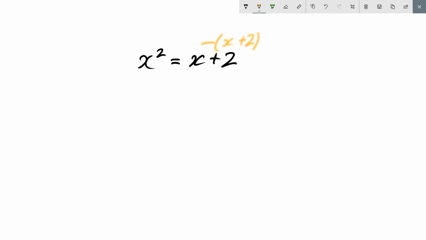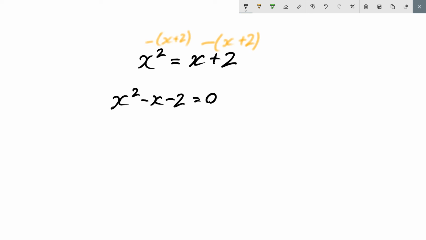Notice how I put a bracket in here to represent that I'm subtracting everything onto the other side. What will end up happening is x squared, and I'm going to expand as I go, so x minus 2 equals 0. And now I can solve this quadratically by factorizing.